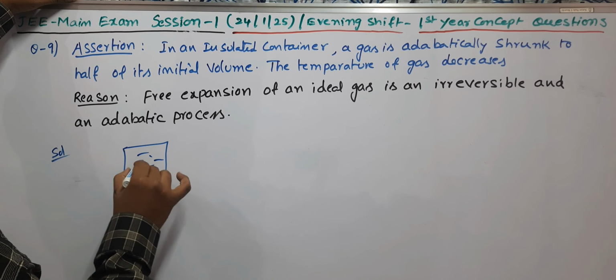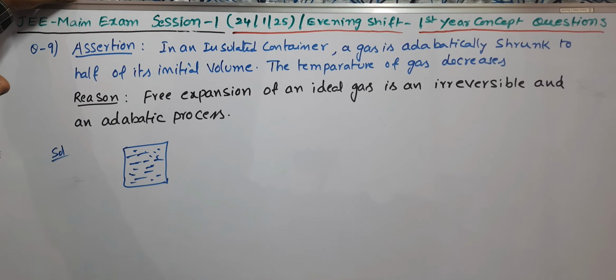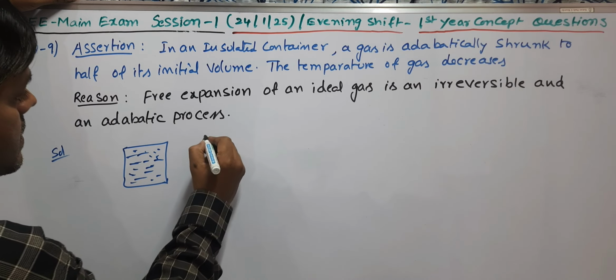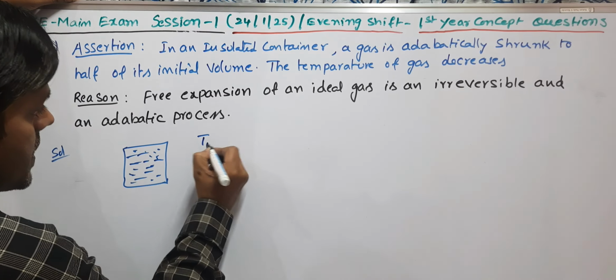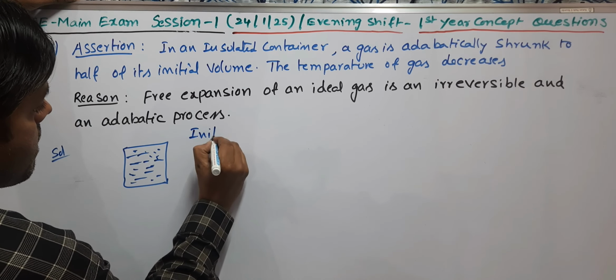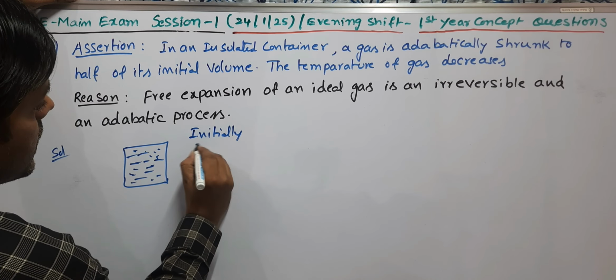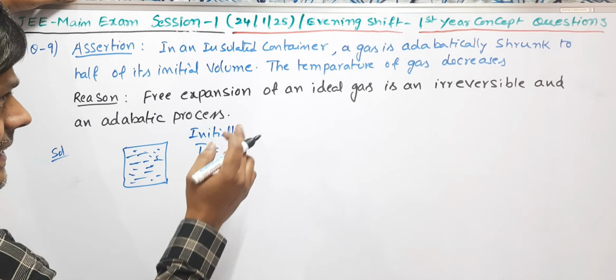So, the gas inside this insulated container is shrunk suddenly to half of its initial volume. Suppose initially, what is the temperature of this insulated container containing gas?